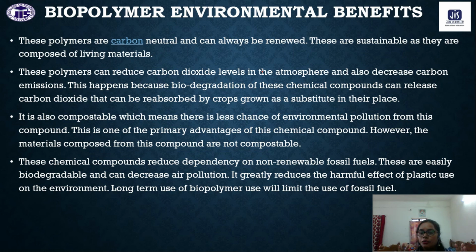We can use them for making biocomposites or bio nanocomposites, which in recent years are used in the medical field. There are so many application fields, like the medical field, where we are using these biopolymers for biocomposites and bio nanocomposites.